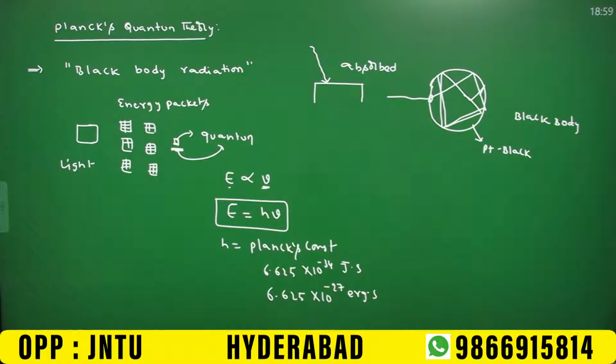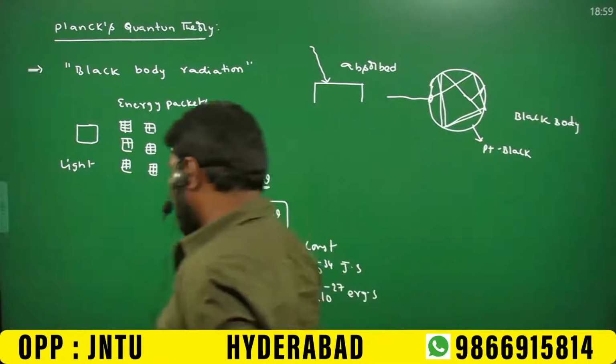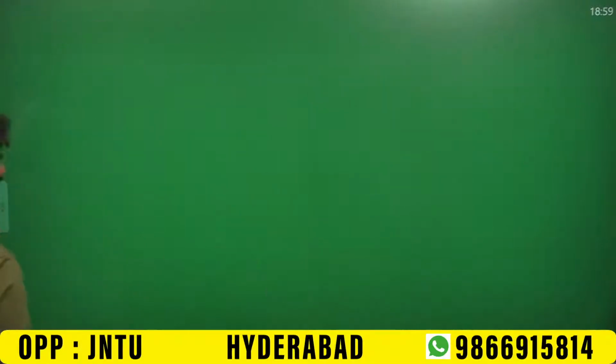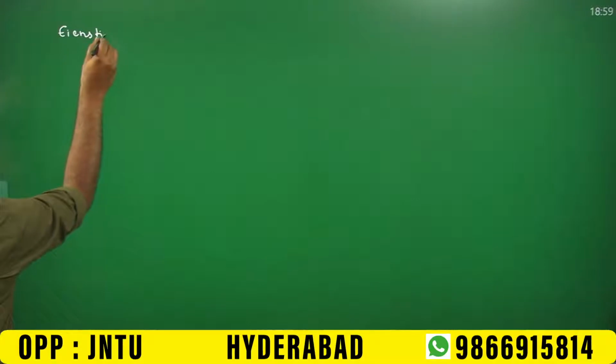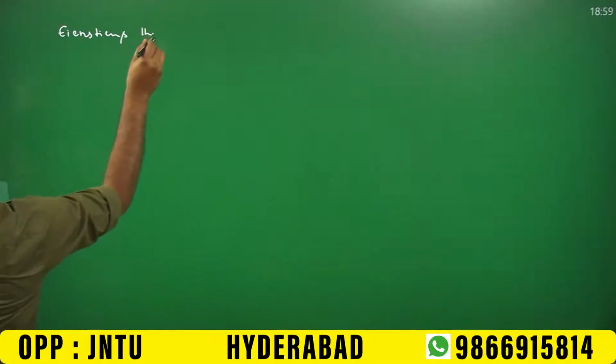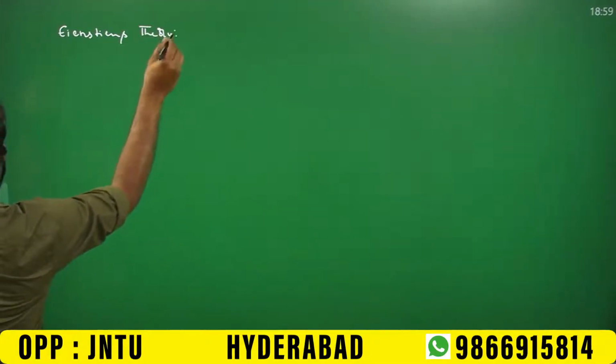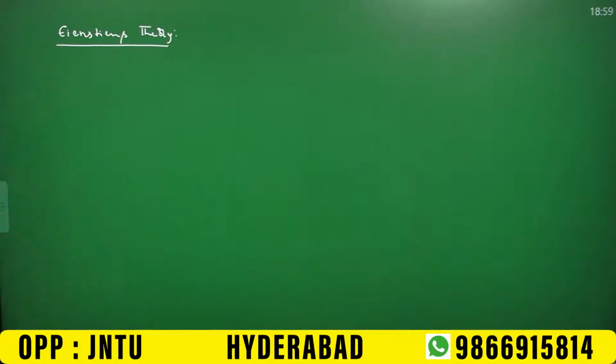The next one, after Planck's quantum theory, we have Einstein's theory. This is also very important. He observed a small difference compared to Planck's quantum theory.